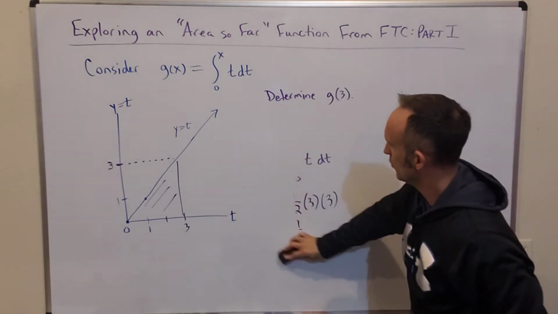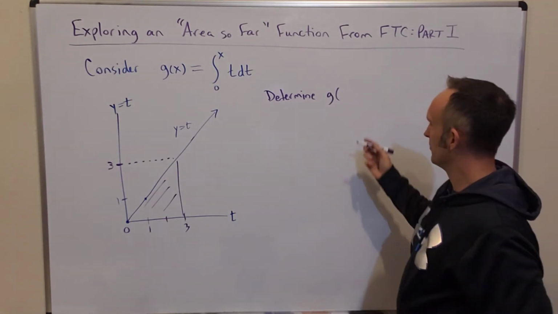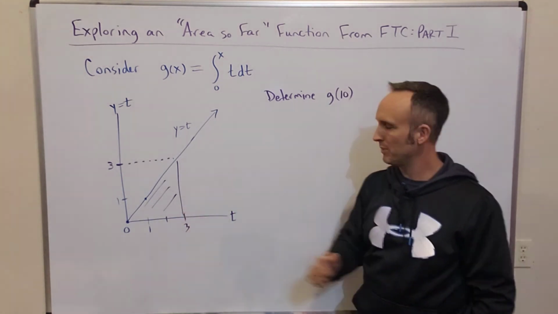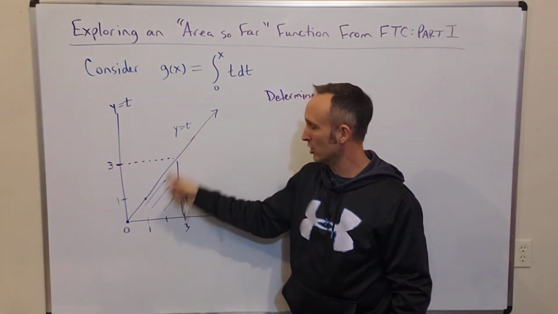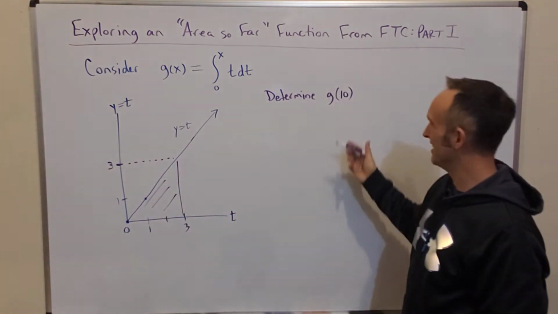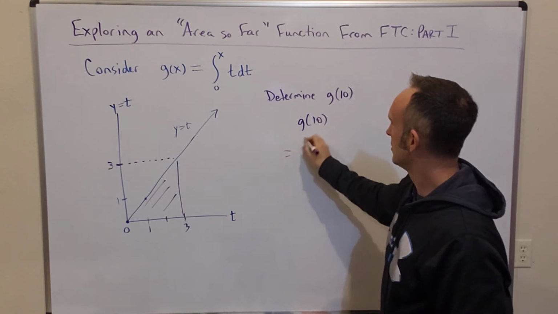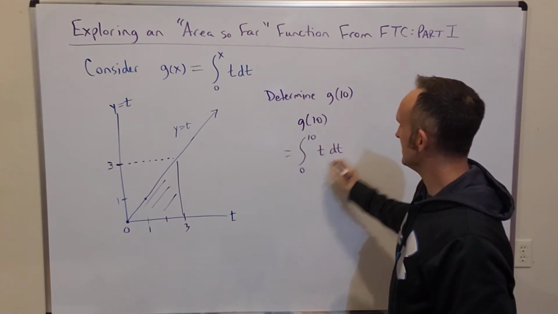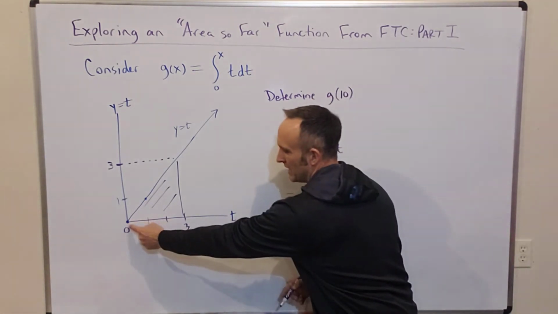Now, let's do one more numeric example. Let's say I want to determine g of 10. So g of 10, I don't have to draw the picture, but you can imagine g of 10 would be the area under the t curve from 0 to 10. From 0 to 10 of t dt, which again would be a right triangle whose base would be 10.